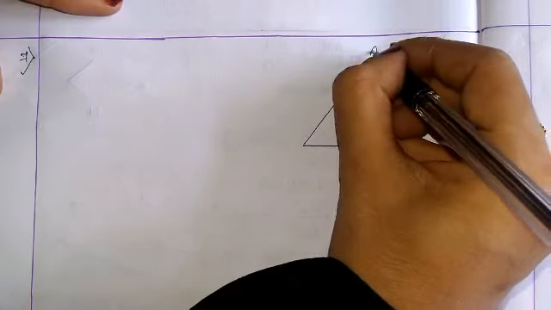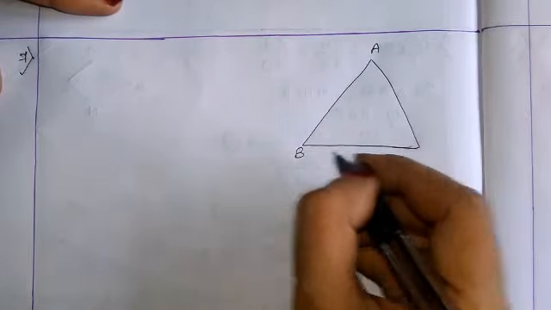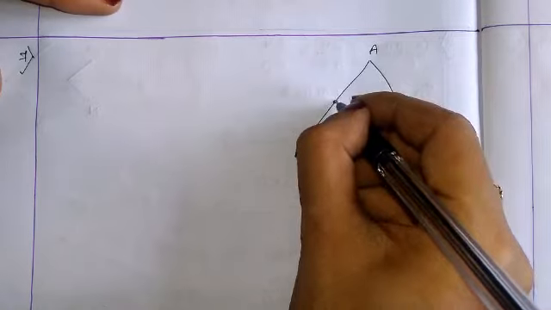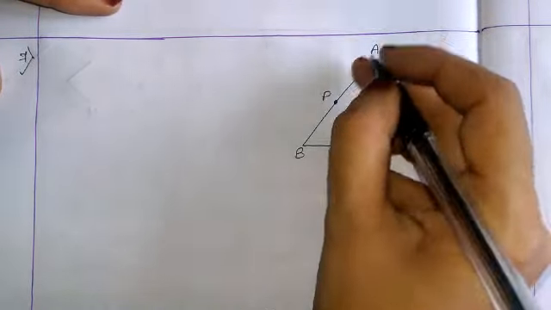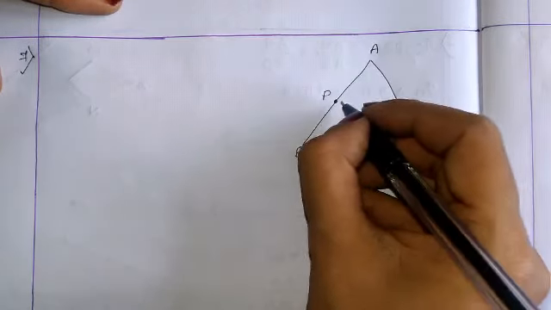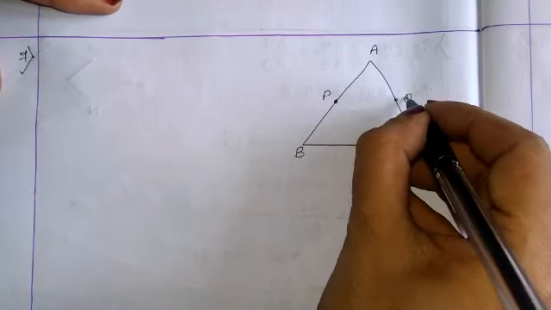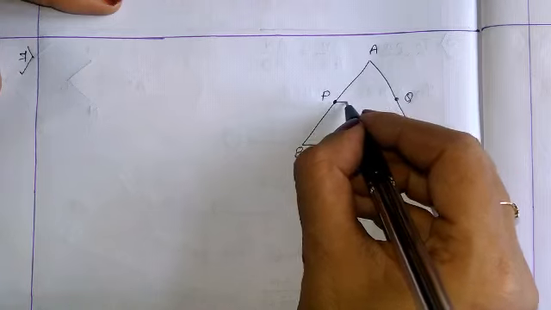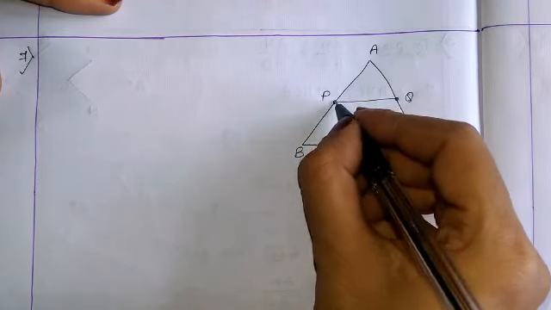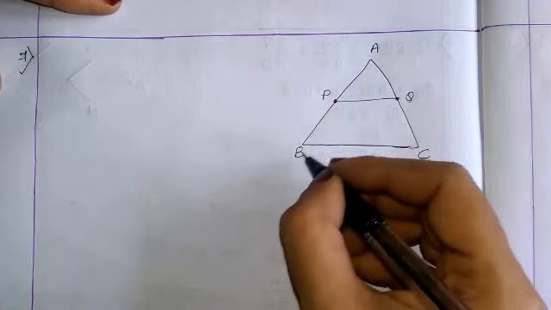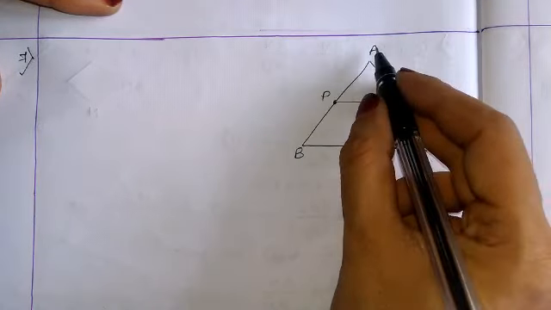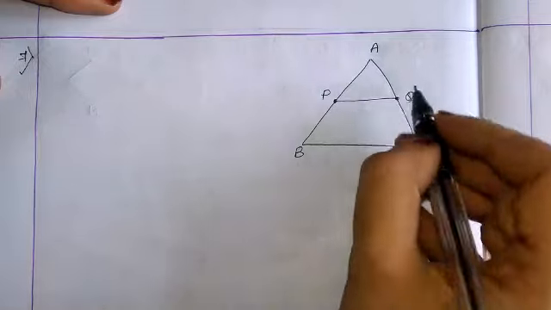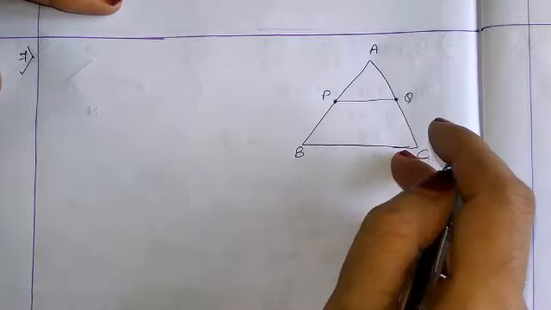I'll give it the name ABC and take one point P. P is the midpoint of AB. Then here we'll give Q. If P is a midpoint and the line is parallel to BC, then we should prove that Q bisects AC, or Q is a midpoint of AC.